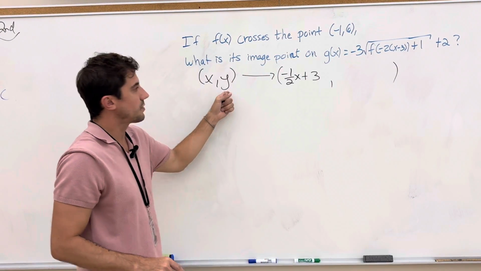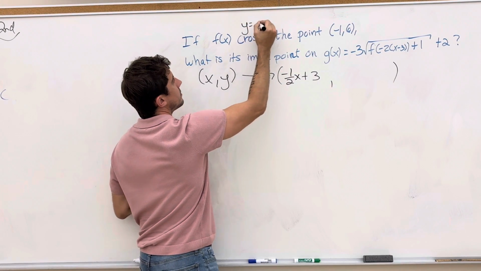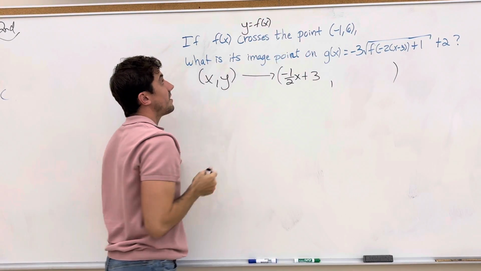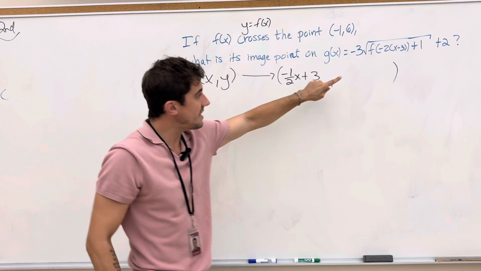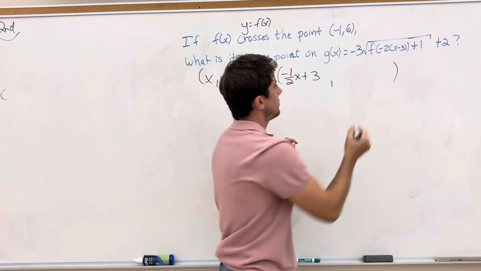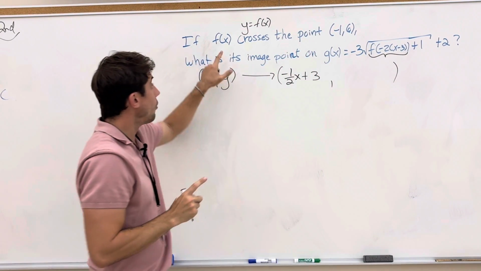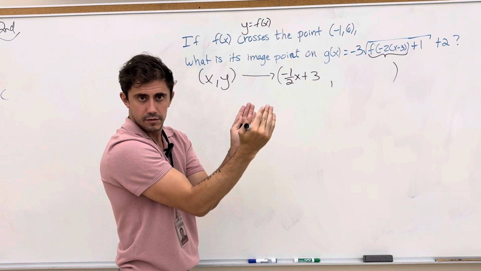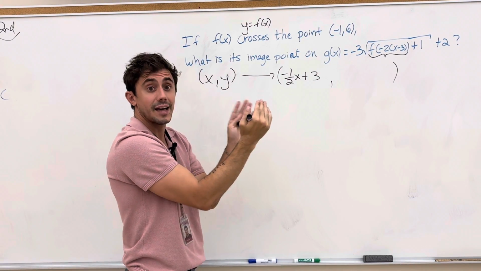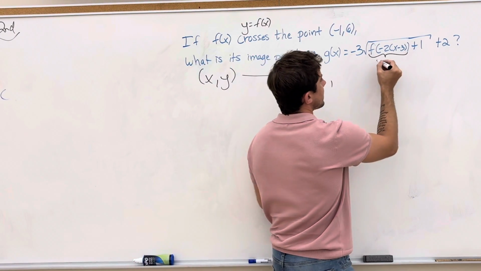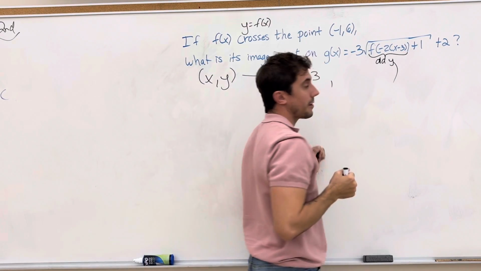Now, what's going on with the y coordinate? Well, when you have the function f(x), you know that the y coordinate is defined by this function of the x coordinate. And so what we have here, this f(-2(x - 3)), that is the old y coordinate. That f of whatever the stuff inside that bracket might be, that's our old y coordinate, okay?